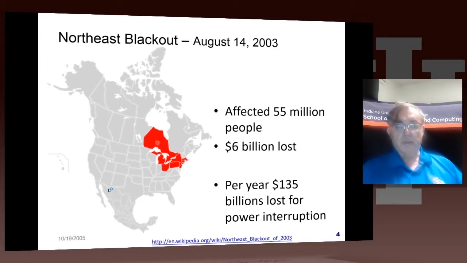That one failure cascaded into other parts of the grid, and then the whole thing collapsed. That affected 55 million people and cost 6 billion, and in general, every year 135 billion is lost due to power outages.